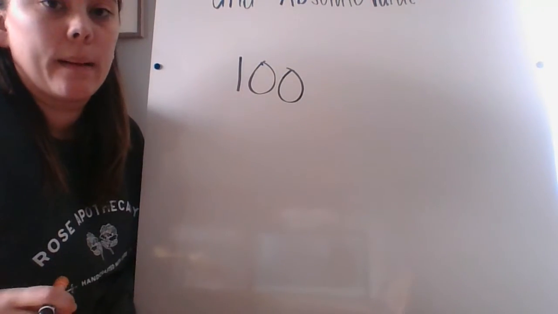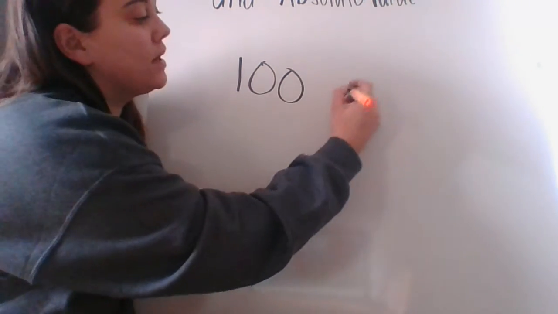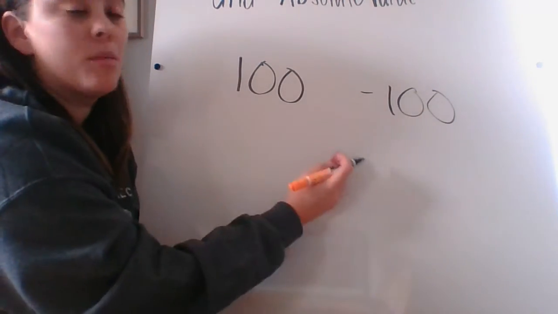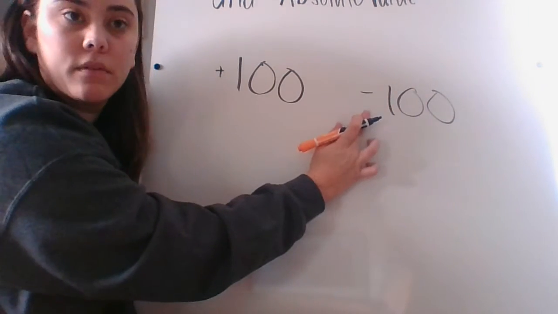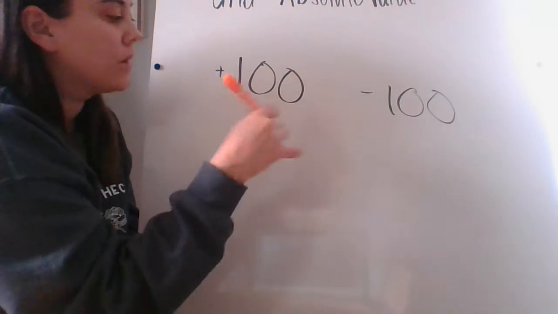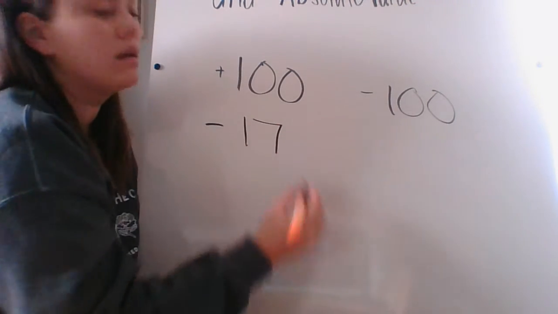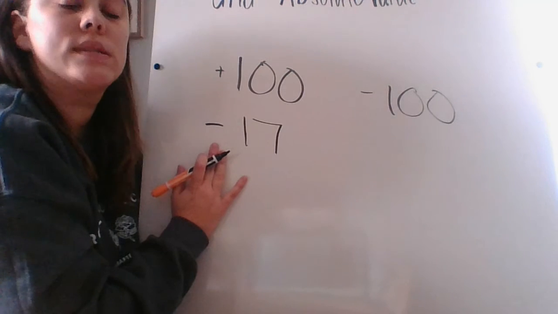If you said -100, you're correct. Remember, I'm really just going from, well, this is a positive. I'm just going to make it negative. There's its integer opposite. What about for -17? What is the integer opposite for -17?